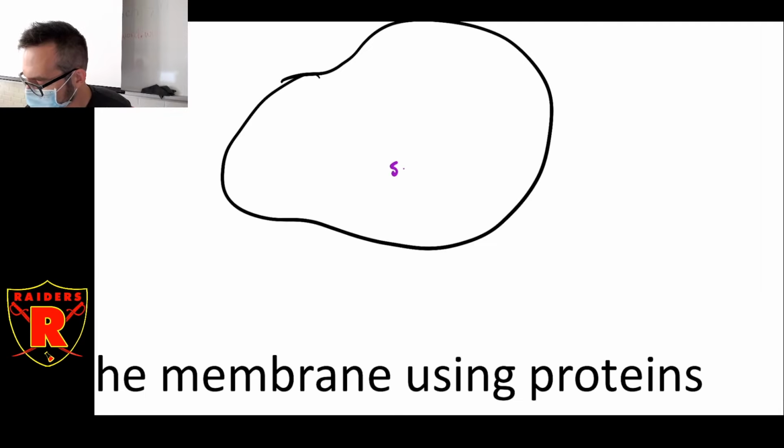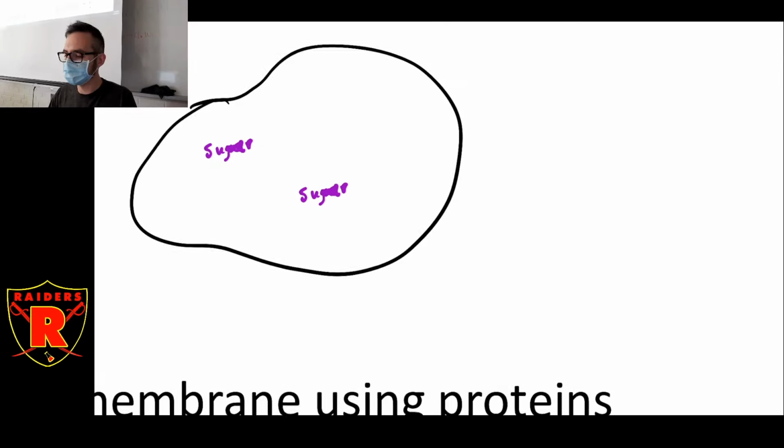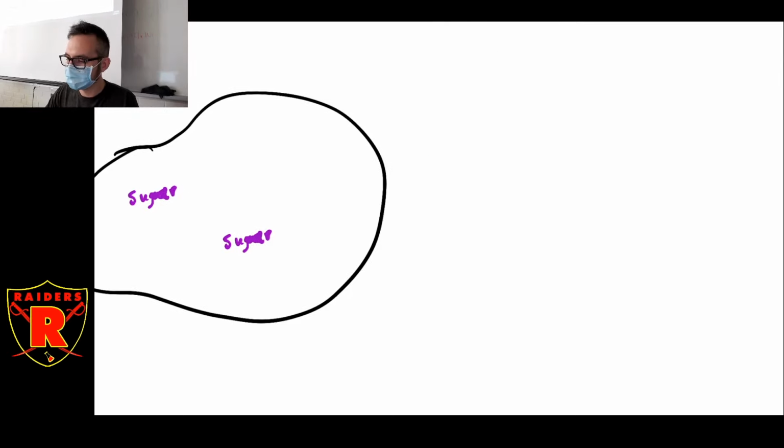So the sugar concentration is very low. These are my little sugars, okay? But outside the cell, the sugar concentration is high.